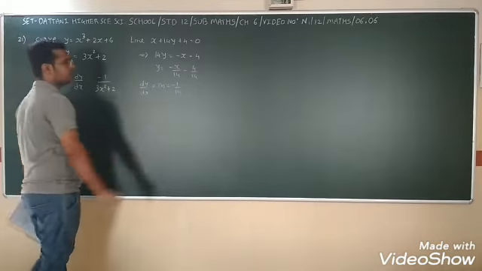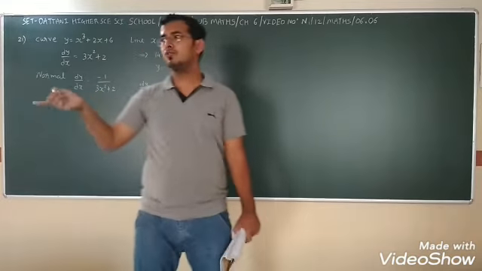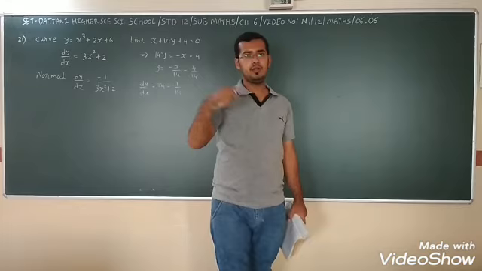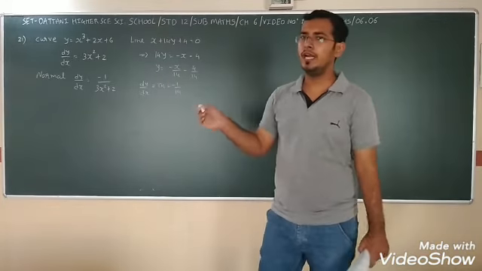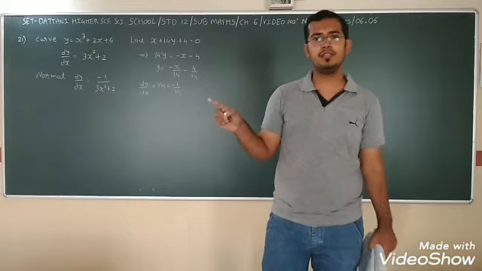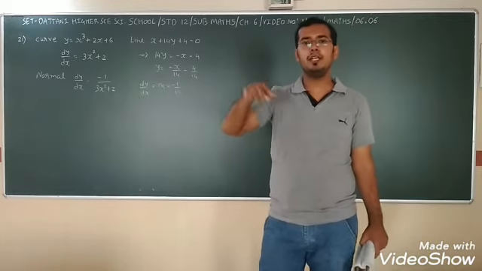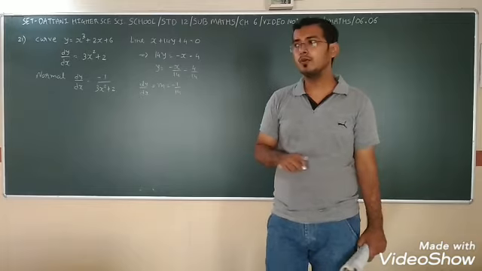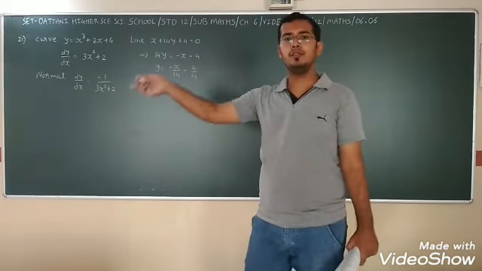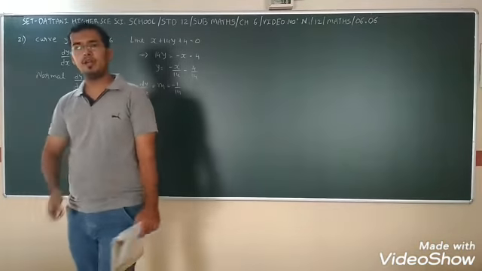Now you have to compare this with the slope minus 1/14. So you get the value of x and then y. Put the slope with the point and you get your equation. The formula is y minus y0 is equal to f dash x0 into x minus x0. But here it is normal, so your slope becomes minus 1 upon f dash x0. So you find x and y, get your point, and put it in the formula. So you get your equation.